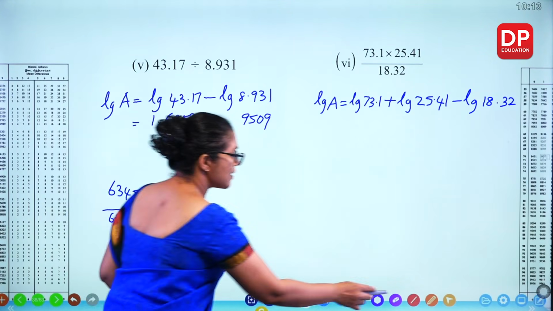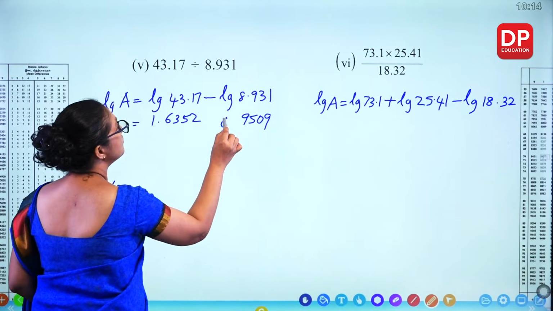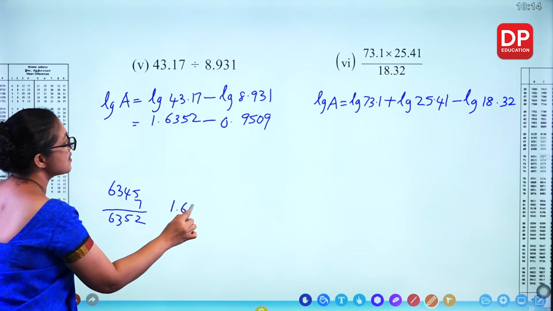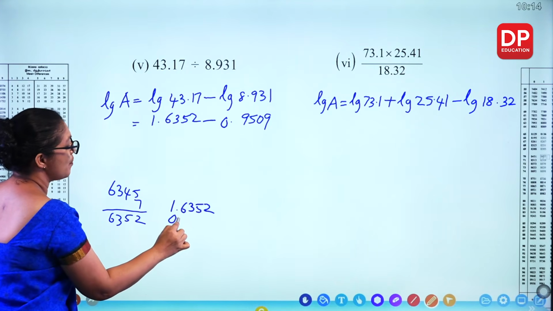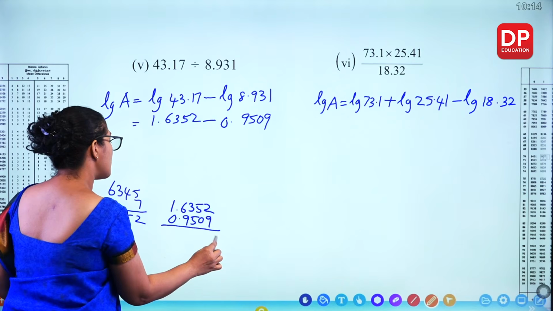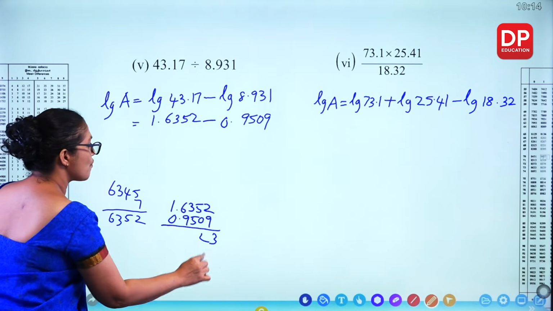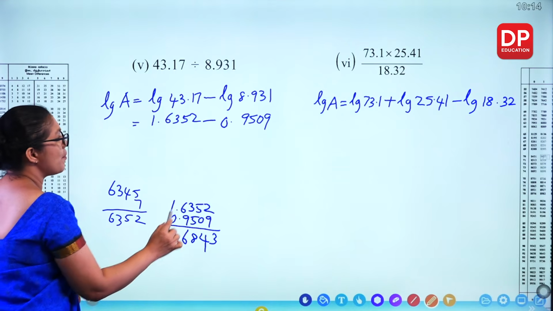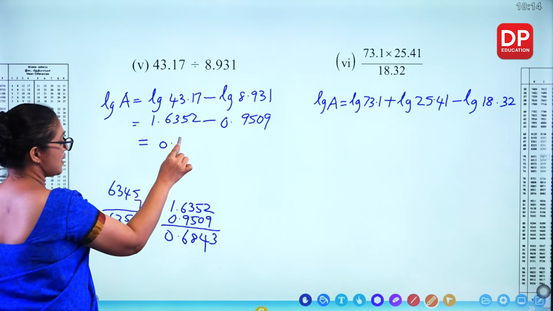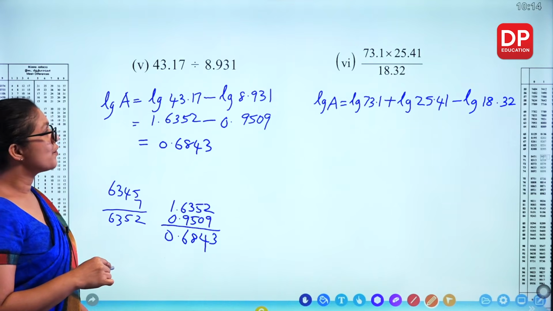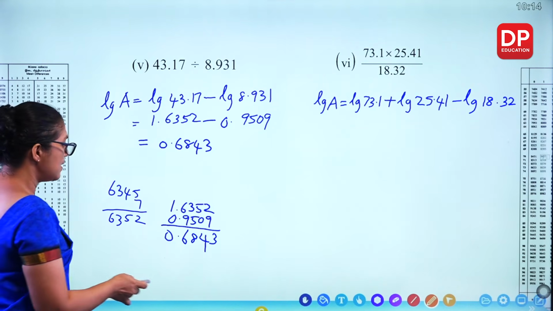Now the characteristic is 0. Now subtract. 1.6352, 0.9509. When you subtract, you get 4 here, 0.6843. So 6843, refer the table.